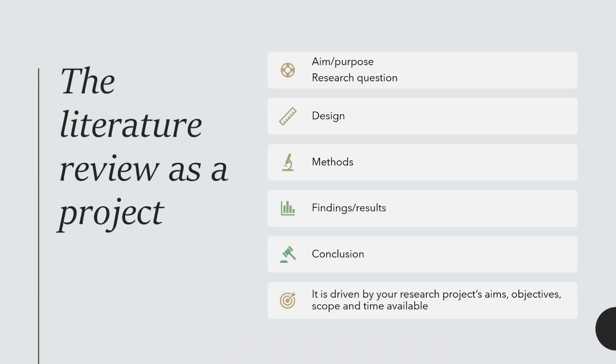But the reader would also like to know the first three aspects, and that is the aim and purpose, your research questions for the literature review, and they will be unique to the literature review. It will most probably not be your research question per se, but the literature review has a specific question.